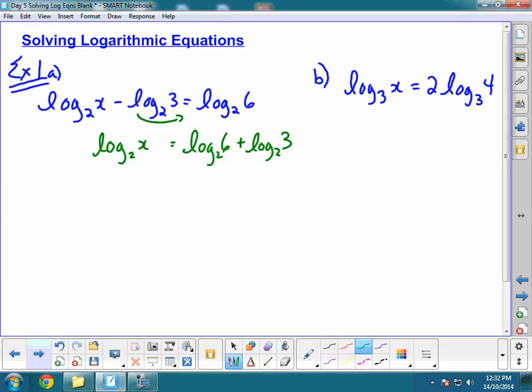By isolating the term with x in it, we have on the right-hand side created an addition of logarithms that have the same base. The product law, from a couple of days ago and which we saw yesterday, tells us that when you have two logs with the same base being added, you can combine them and multiply the answers. So this can combine into a single log base 2 of 6 times 3.